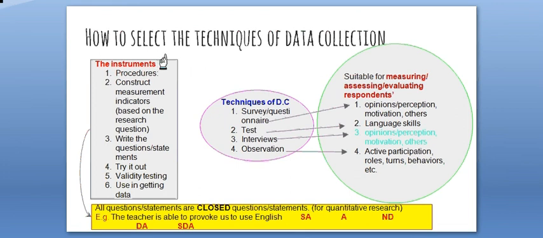First of all, you have to think what is the aim of your research. What are the research questions that you have for your thesis? After you know your research questions, then you decide what kind of data collection technique, and you have to start reading about the procedures, how to conduct the technique.